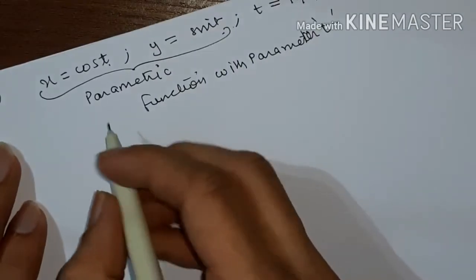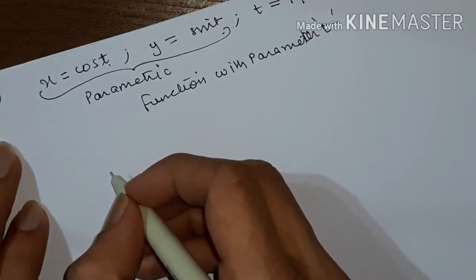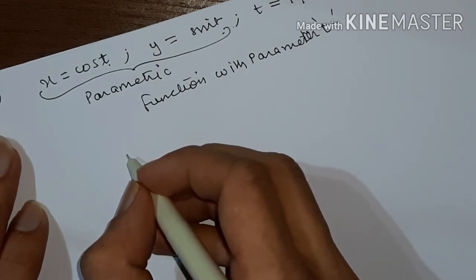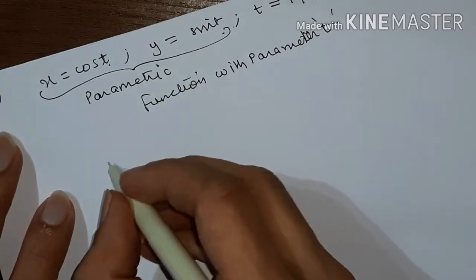Okay, now we want to find the equation of tangent and the equation of normal, right? So for that we need what, dy by dx, but directly from here you cannot find dy by dx.